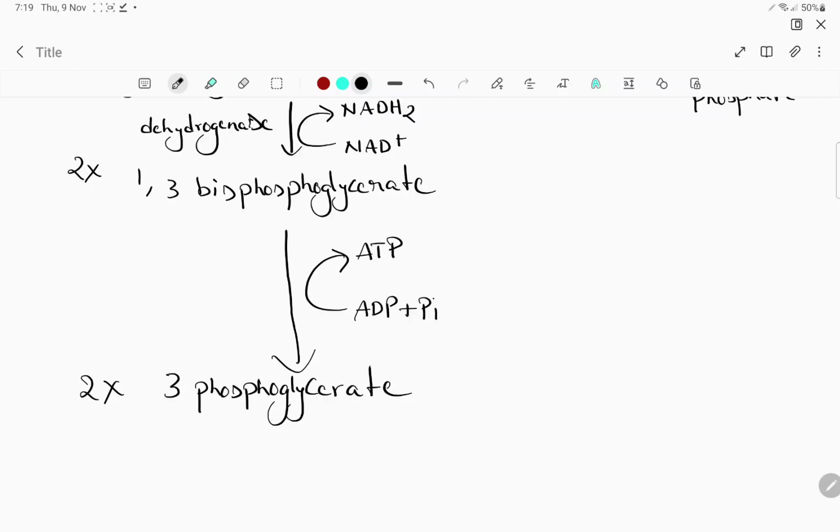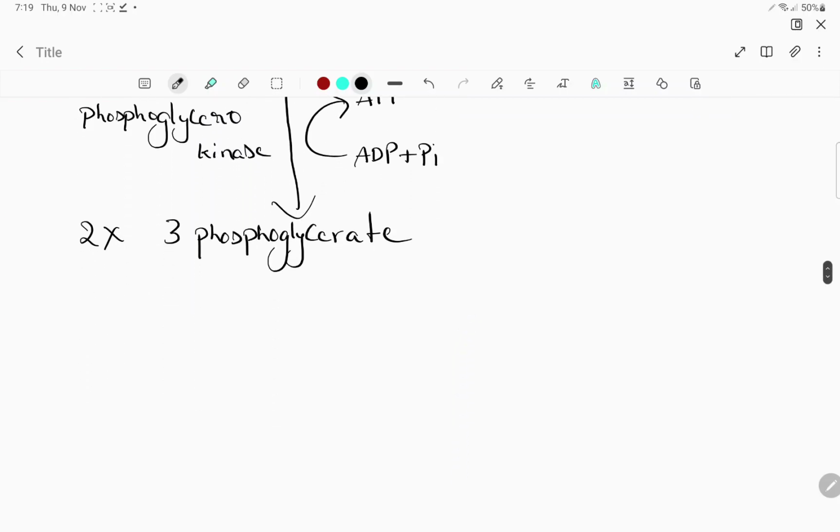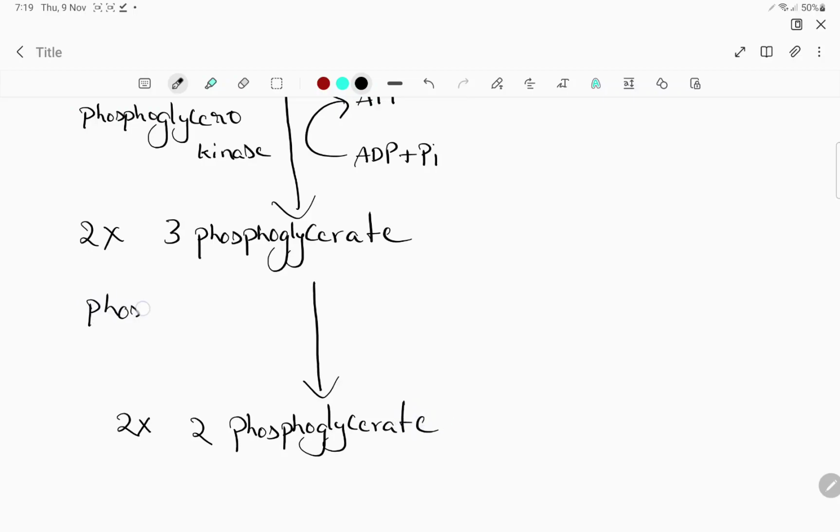So if you see here, the enzyme is phosphoglycerokinase. 3-phosphoglycerate is converted to 2-phosphoglycerate. Here the enzyme is phosphoglyceromutase.